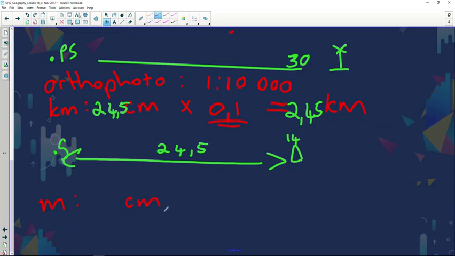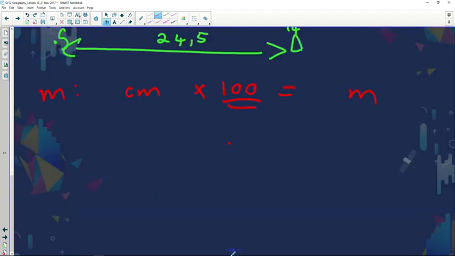Now, to get the correct answer in meters, you measure the distance between one point and another point, and you times it with your formula, which is 100. So let's say, for instance, the question states, measure the distance between, let's say, the shop to the police station.